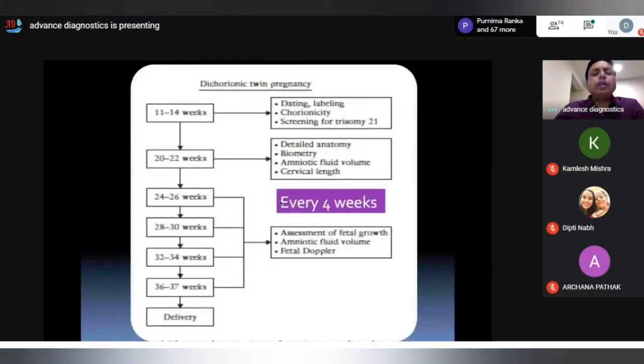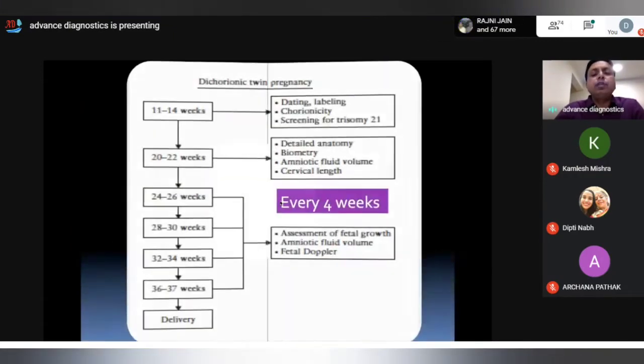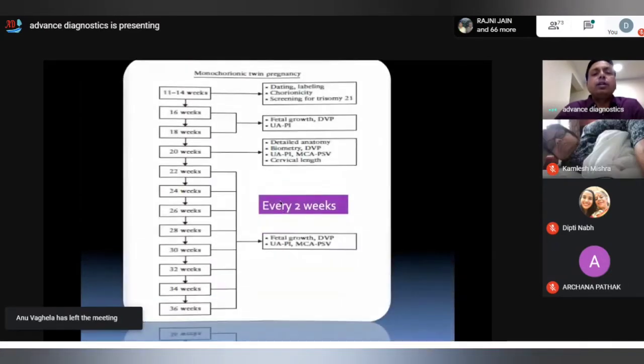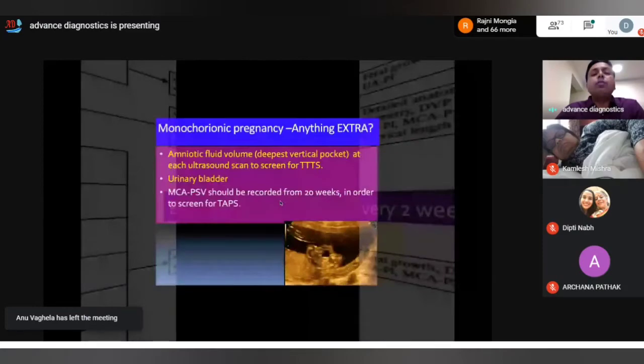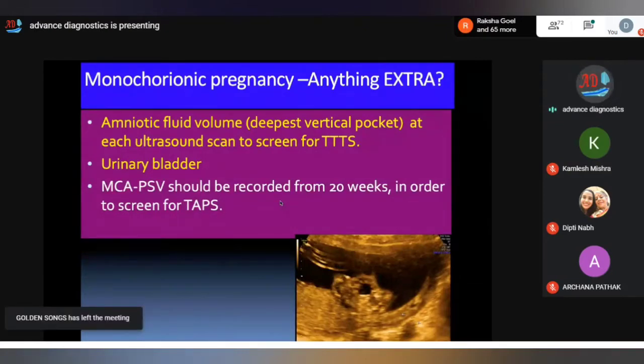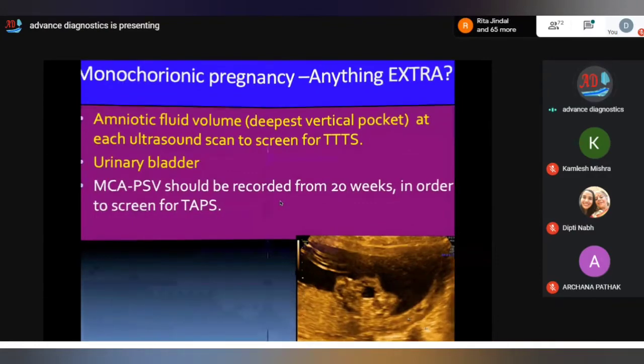Similarly, if we are doing it every 2 weeks, then we need to check the deepest vertical pocket diameter as well as the urinary bladder. And MCA PSV we always see from 20 weeks onward to diagnose TAPS.